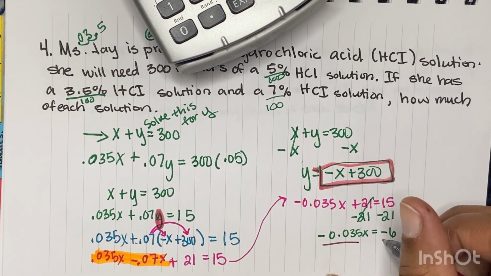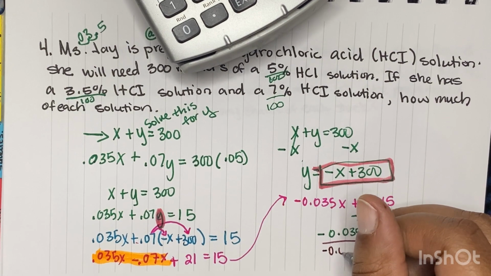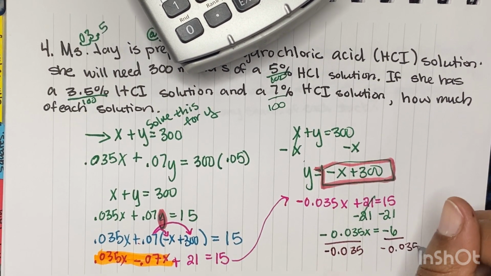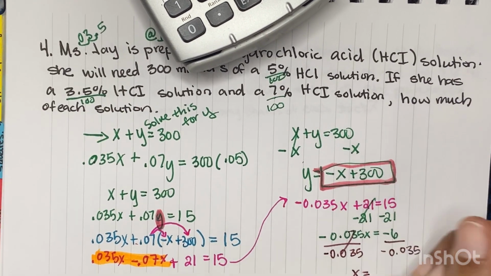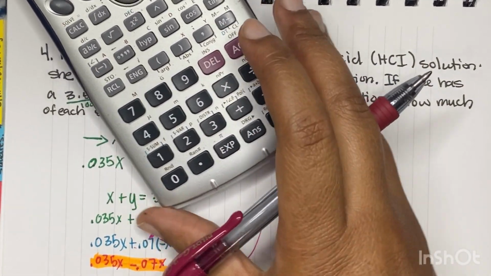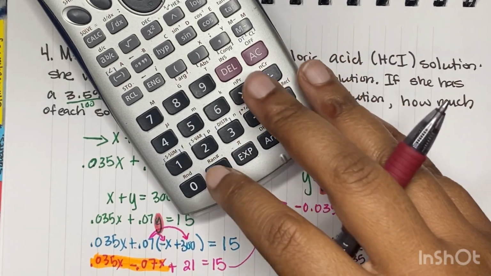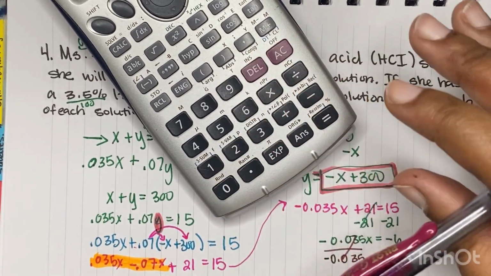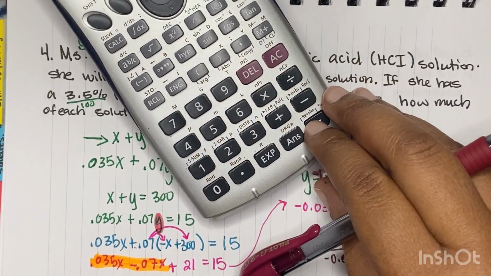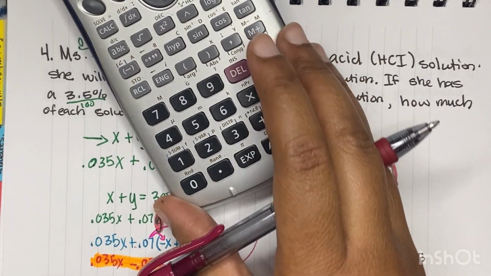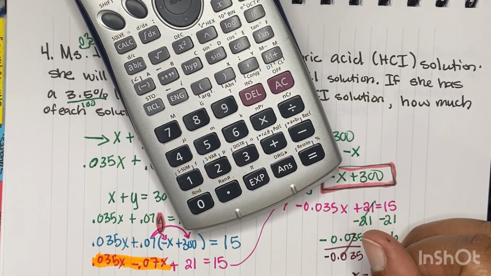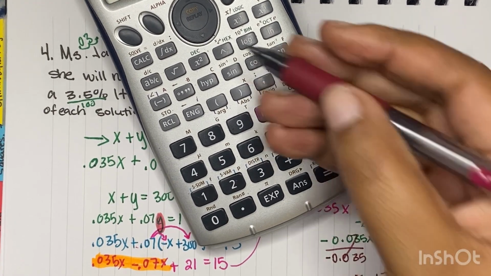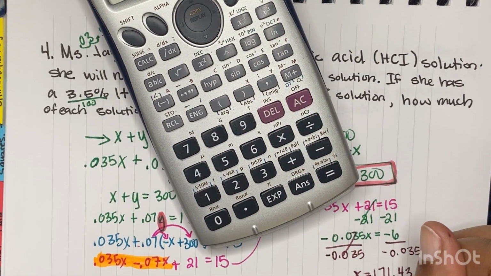So I'm going to divide by negative 0.035 on both sides, and we get x equals, let's divide this by negative 0.035. And we get 171.43, let's round it up.